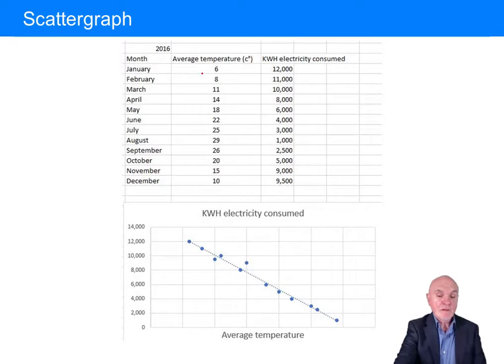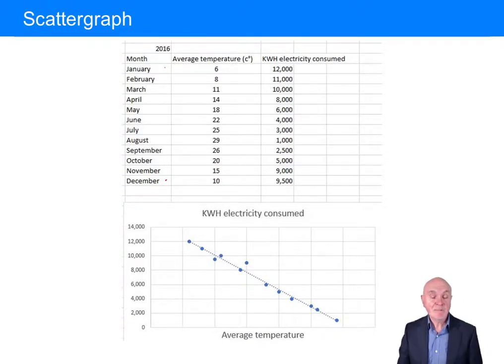Now, the information was presented simply in time order, January through to December. And of course, when you're looking at this, you don't immediately see what the relationship might be, or if there's a very good relationship indeed, between the average temperature and the heating costs, basically.